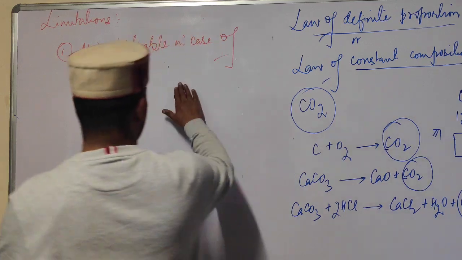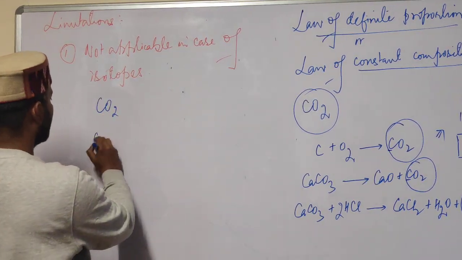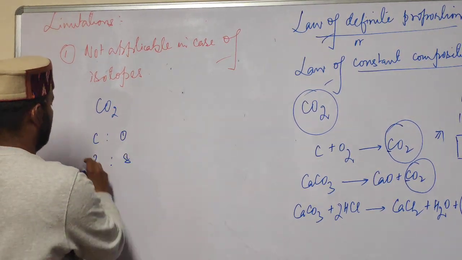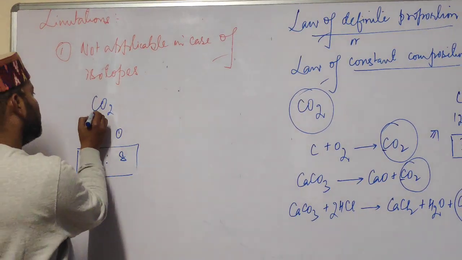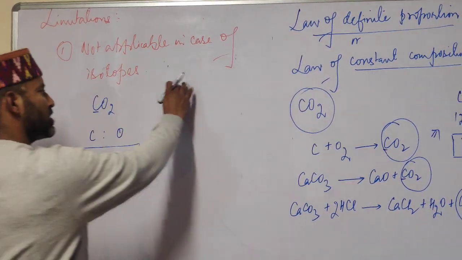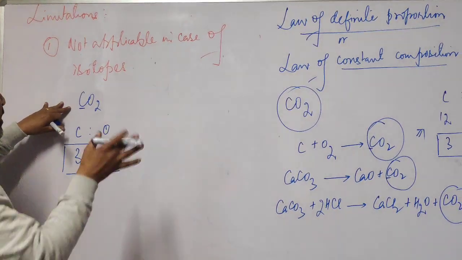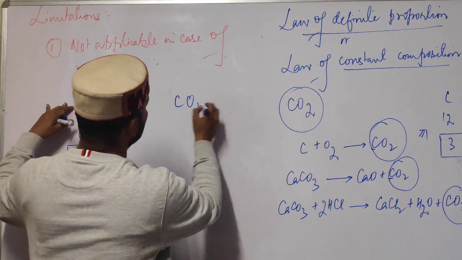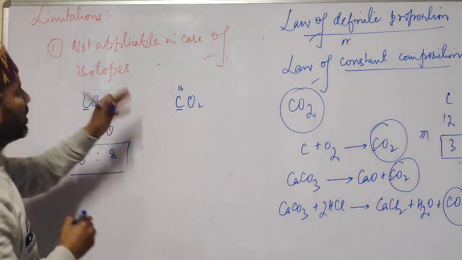Now let me illustrate this. I have the example of carbon dioxide, and we know that in carbon dioxide, carbon and oxygen combine in this ratio by weight. But look students, carbon has a radioactive isotope, carbon-14, also. Say this is CO2 that has carbon in the isotopic form, which is not C-12 but C-14.